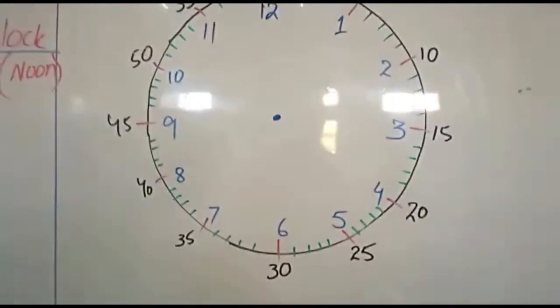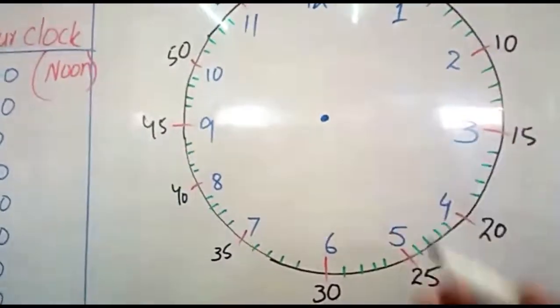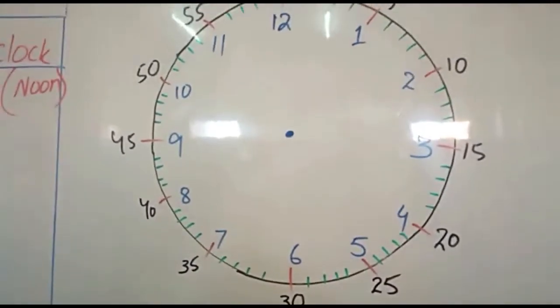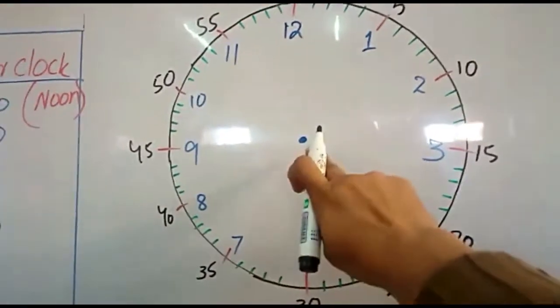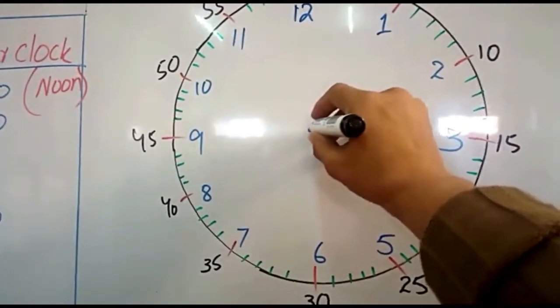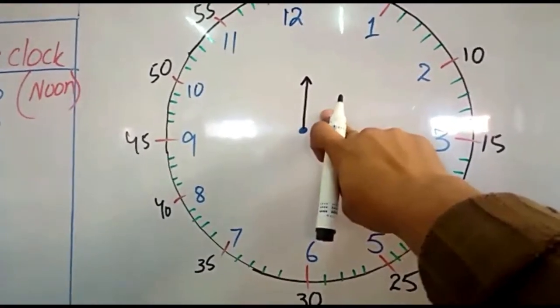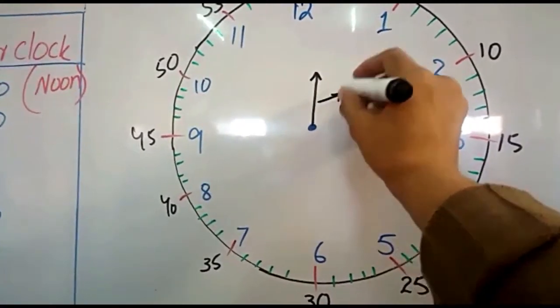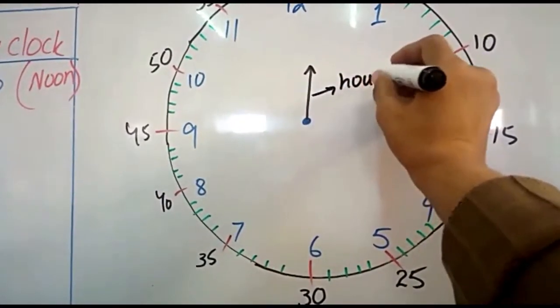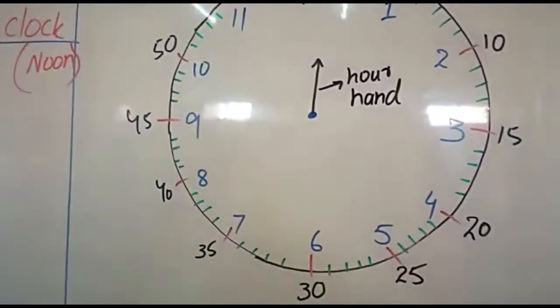In some clocks we have three hands or needles, and in some clocks we have 2 hands. The smaller one is called the hour hand.